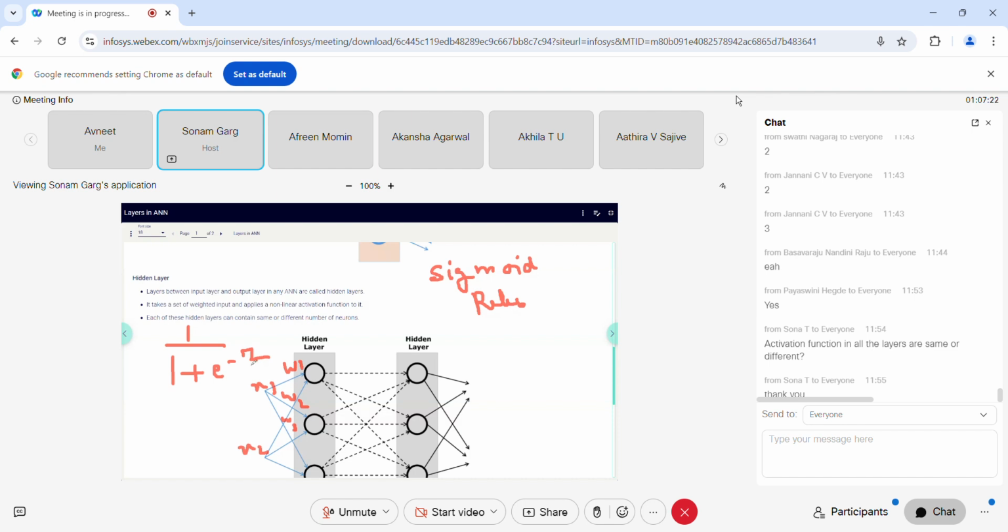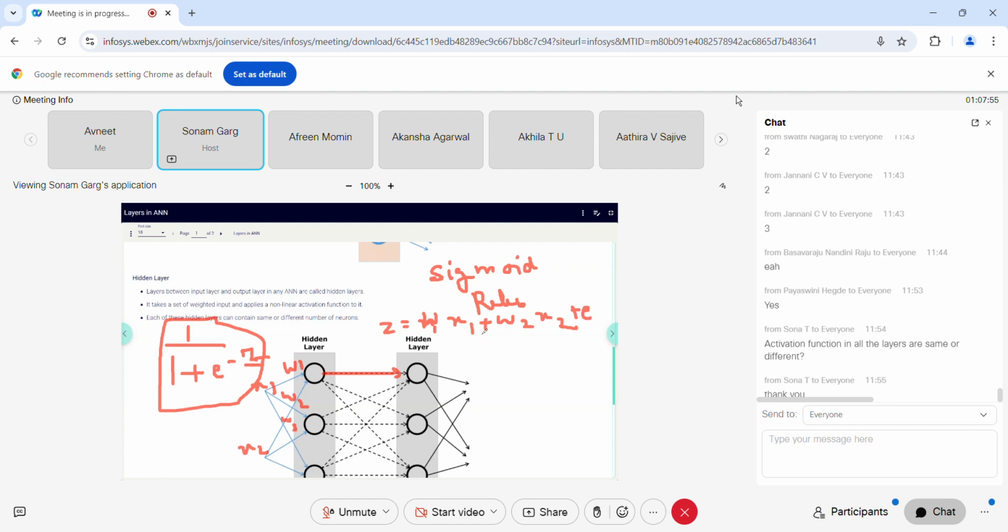I'm just taking an example. Let's say this z represents the same equation which we studied in the multiple linear regression model: weight 1 times x1 plus weight 2 times x2 plus some error in the end. This is represented by z, and the sigmoid function will convert this value and pass it on to the other layer.